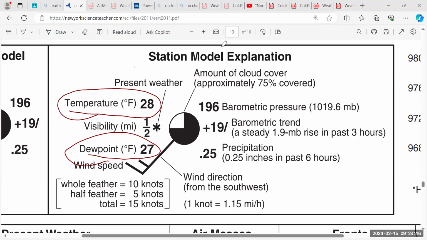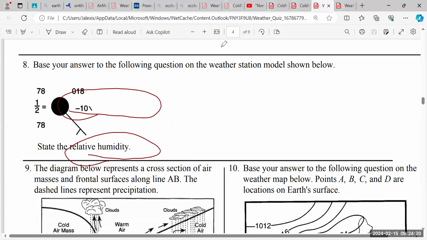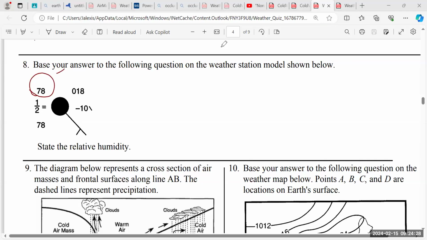And I know, right, which is the top left number and the top right number. I know that the closer the air temperature is, which is the top left number, right, and the dew point, which is the bottom left number, all right, the closer these temperatures are to each other, the more humid a location is.